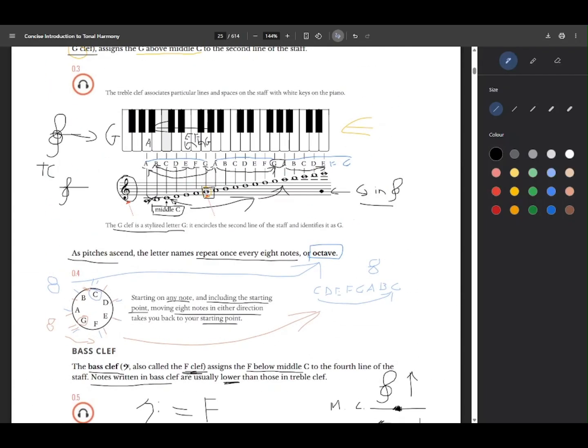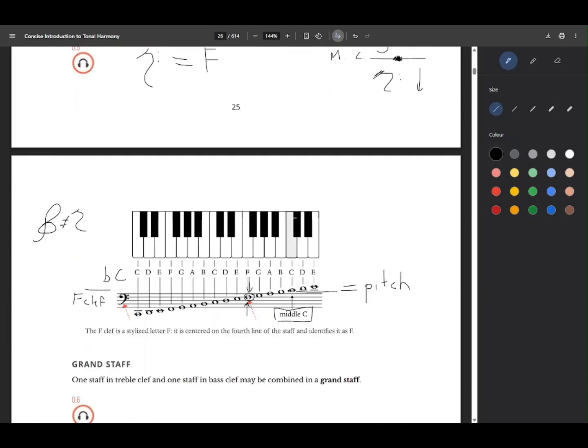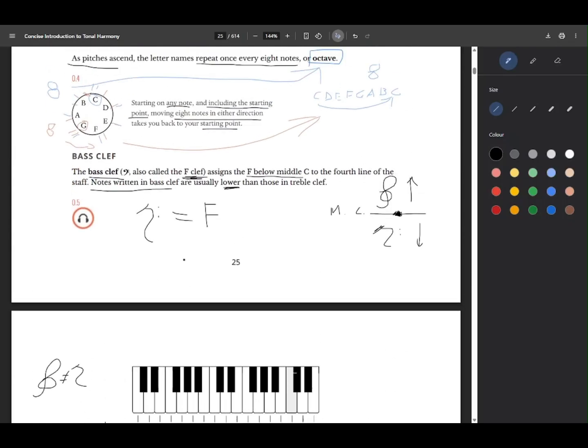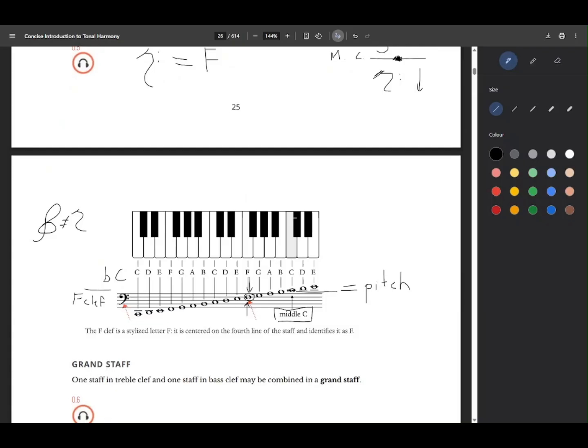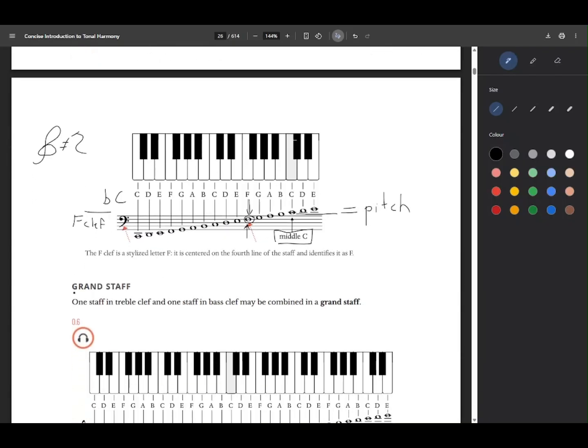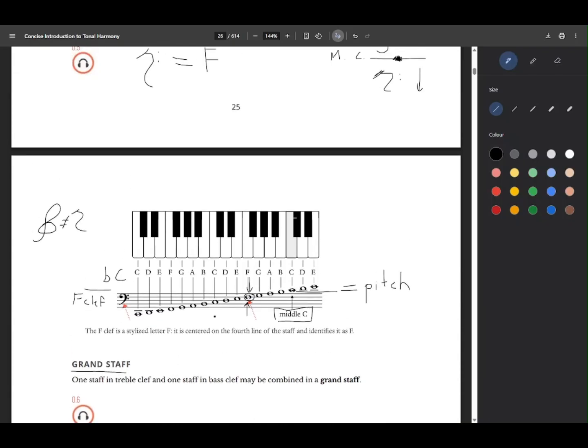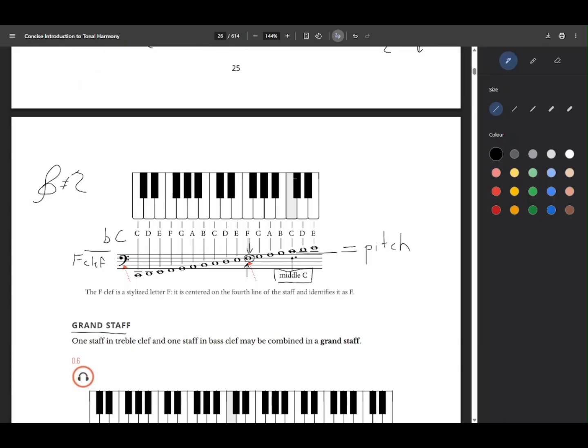Now you'll notice that here it is still on a ledger line, and up here it was on a ledger line. These are important when we start talking about the grand staff, you'll see. But for now, this is our middle C in the bass clef. This is our F, our point of reference. These also all correspond to notes on the keyboard.